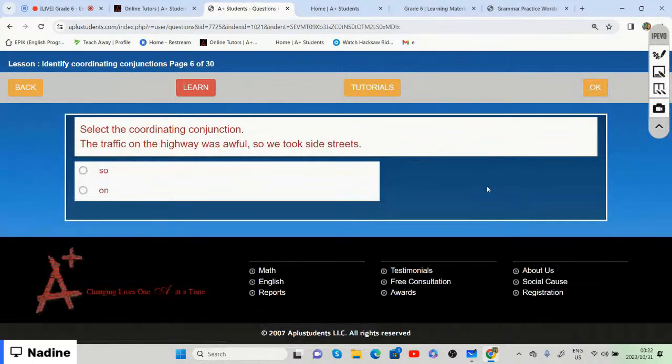And then, the traffic on the highway was awful, so we took side streets. So we need to select the coordinating conjunction. Is it "so" or is it "on"?